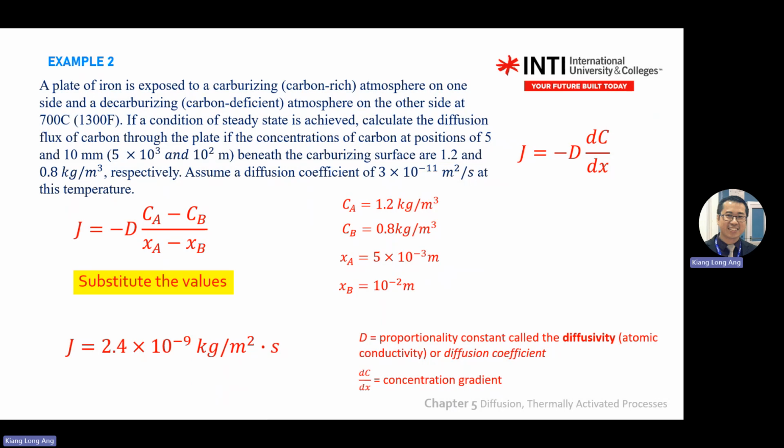So we have a graph. Here is y equals mx plus c, the same as J equals minus D dC/dx. We see dC/dx is the gradient at this point. So how do you find your m?